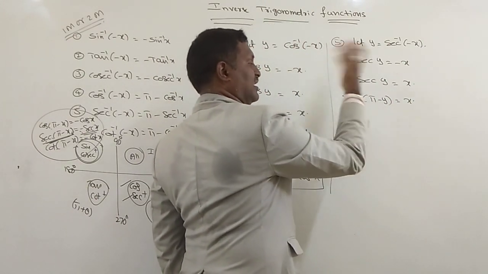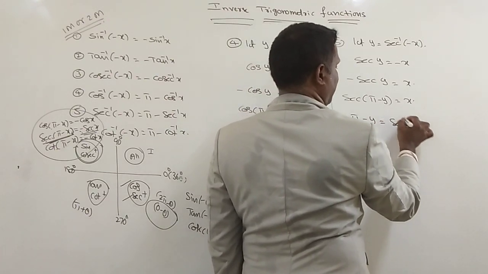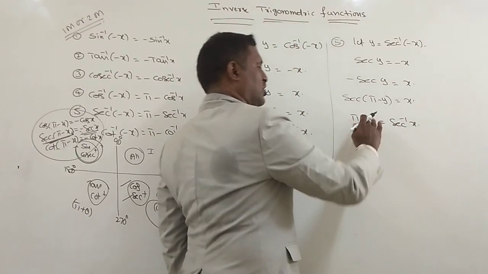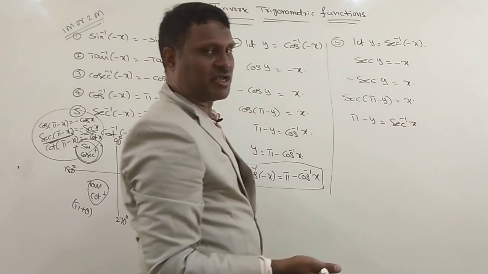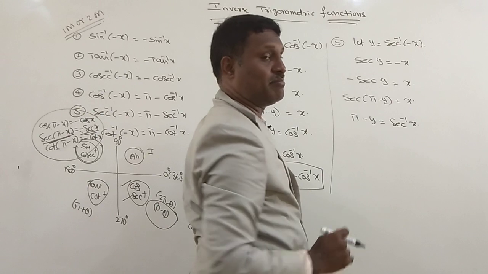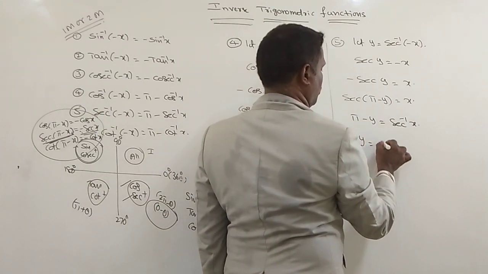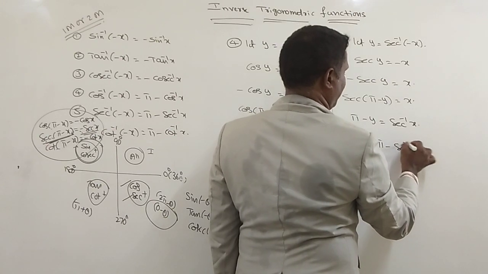Now take secant to the other side, we can write pi minus y is equal to secant inverse x. Now minus y, take the other side, it becomes positive y. Secant inverse x, take this side, it becomes minus secant inverse x. So we can write y is equal to pi minus secant inverse x.